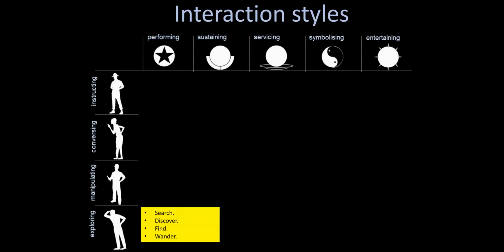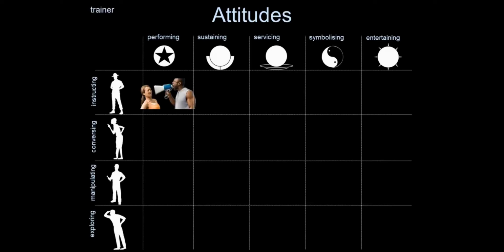And as you can see, if you put these worldviews and interaction styles into a matrix, then each combination of these worldviews and interaction styles results in a certain personality, in an attitude. So if you combine performing and instructing, then you have a certain attitude that tries to act like a trainer.